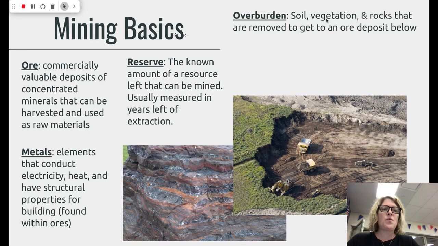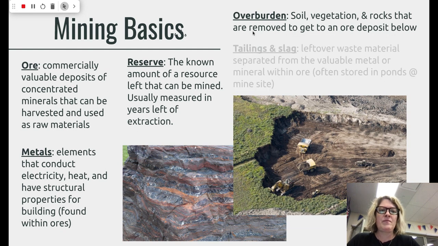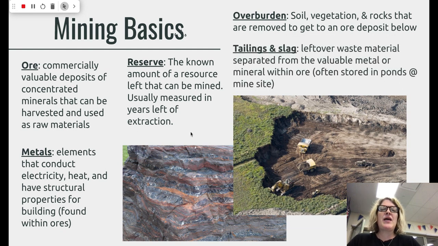Overburden is the soil, the vegetation, and the rocks that are removed in order to reach the ore deposit. And so anything that's not considered to be the metal or the ore itself is considered an overburden. And then lastly, we have things that are called tailings and slag.